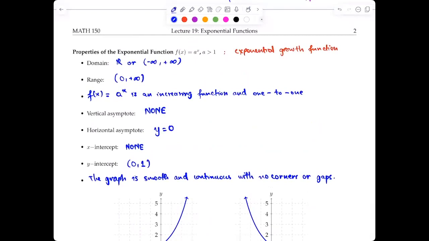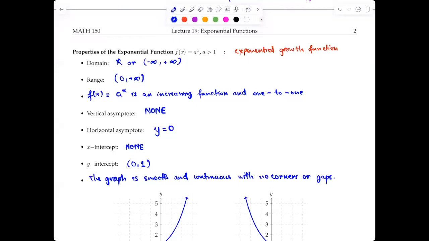Okay, so I'm going to put in a bit more detail here about what always happens with exponential functions. The domain always goes from negative infinity to positive infinity. The range depends on the function; you may have a different range.